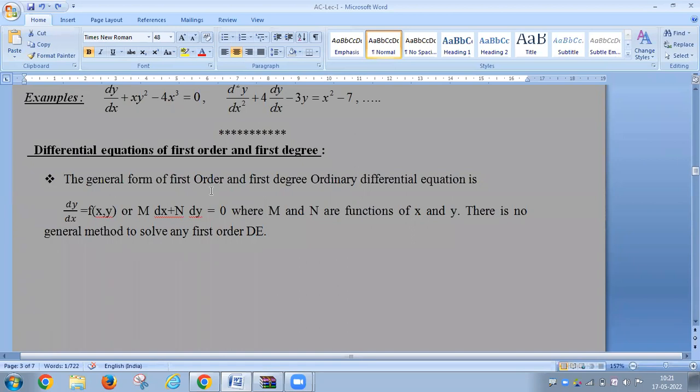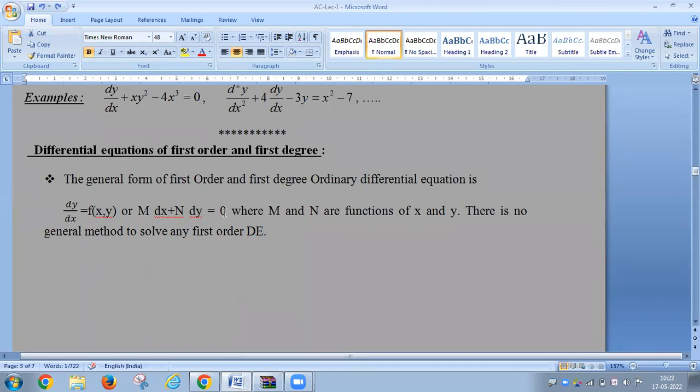So the general form of first order and first degree differential equations is this one: dy by dx equal to f of x comma y. This is the general form of first order differential equations, like dy by dx equal to xy. Or (x square plus y square) into dx plus xy into dy.